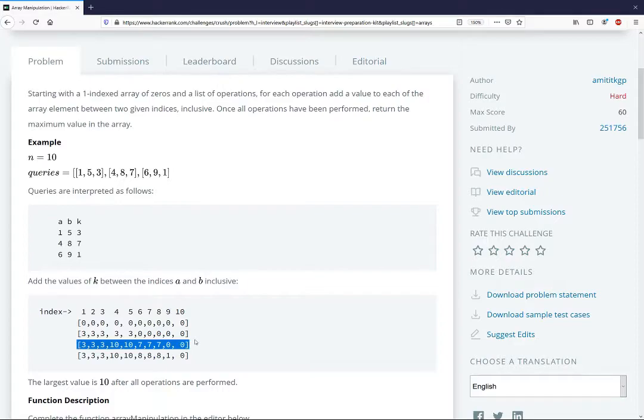And then at the end, you can recover what the final array should look like by going through how each entry compares to the previous one and adding it cumulatively.